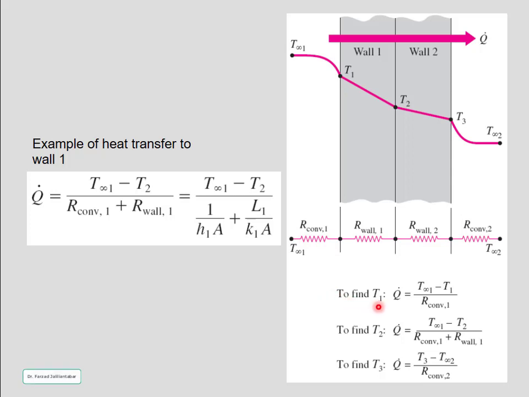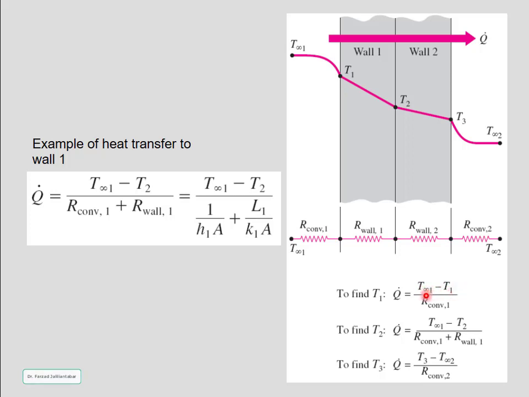The same procedure can be used to find the temperature at each interface. To find T1, the temperature at this interface, we can use this equation. At interface 2 or T2, we can use this equation, and for the temperature at interface 3 or T3, we can use this equation. As you can see in this equation, we should put the total thermal resistance between Ti and Tj.